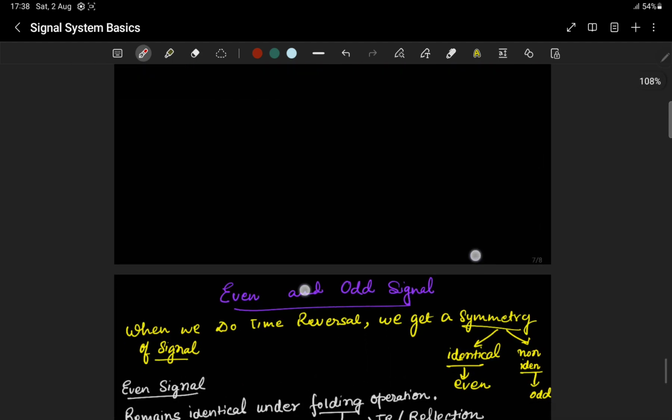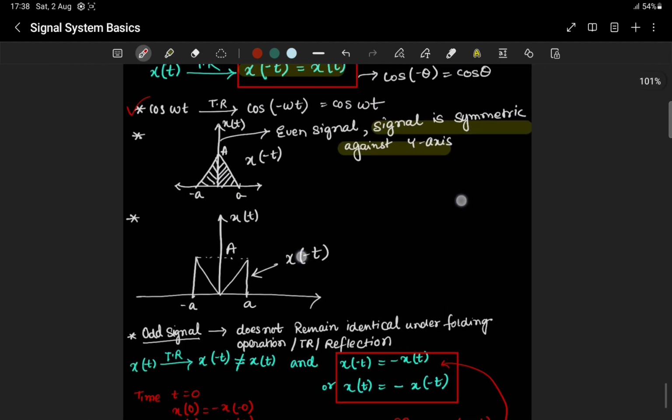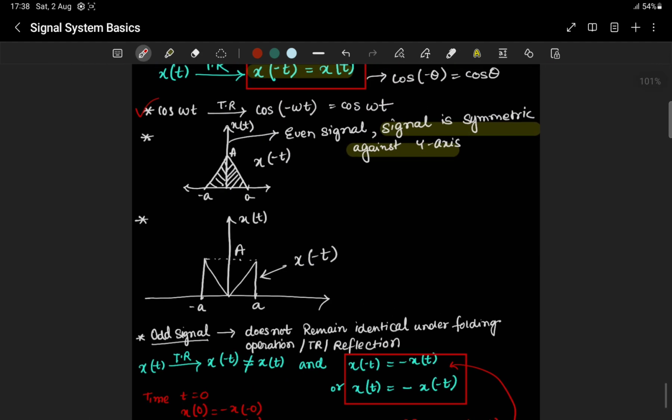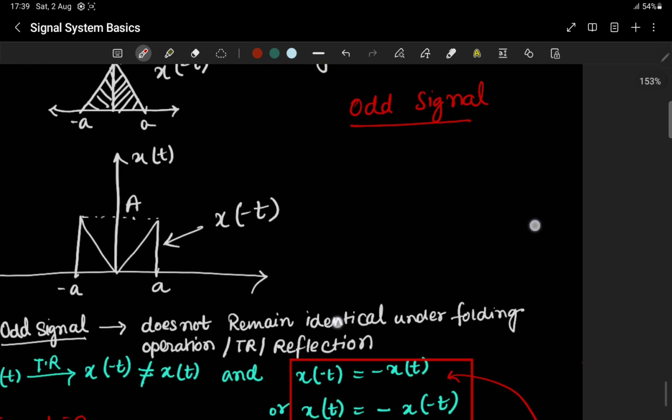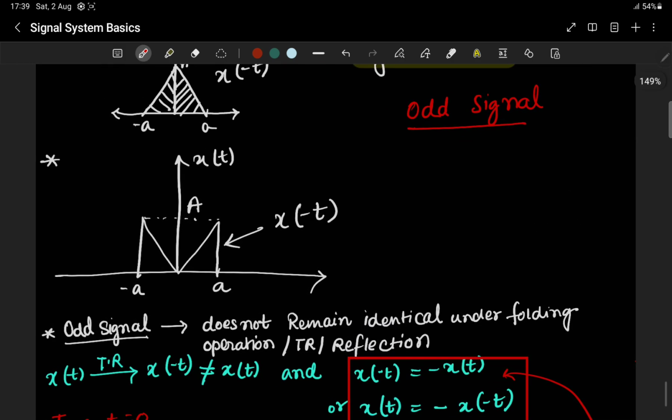I hope you understand it from here, and if you want to see any kind of picture of it, then I can give an example as well. Here I am drawing an odd signal for you, because I want to complete this whole thing in a single slide. Otherwise I could have taken another slide for you. See, this is our basic signal. Once I have this signal, this is our x(t), right? This is our t.